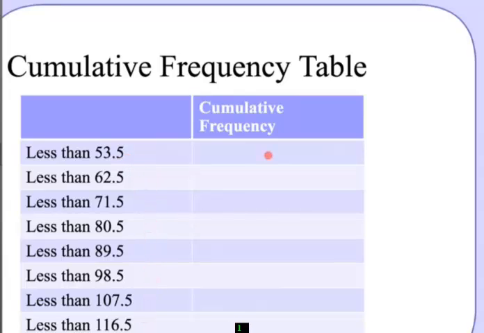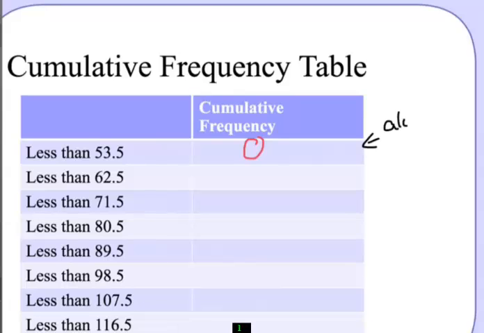Cumulative frequency uses the frequencies given, but we look at everything less than that number. So for example, in our particular data, there was 0 numbers less than 53.5. And here's a key.